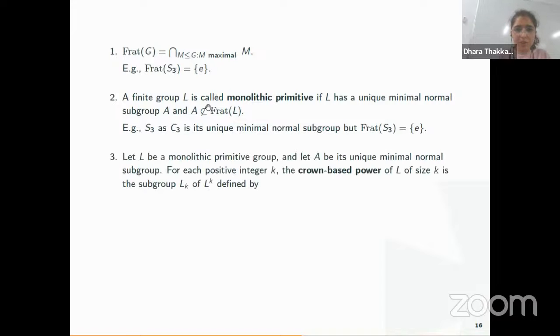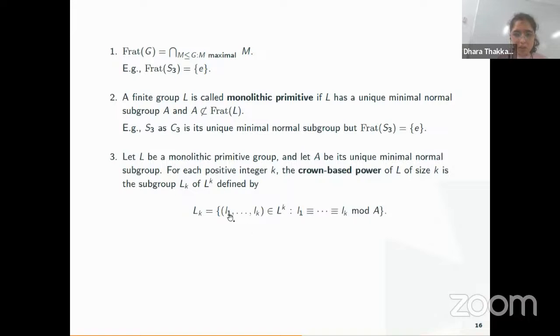Now, for a monolithic group L, we can define... So let's take L to be a monolithic primitive group and A be its minimal normal subgroup. Then for each positive integer k, we can define the crown-based power of L. It is a subgroup of the direct product L^k, but it is a special subgroup.